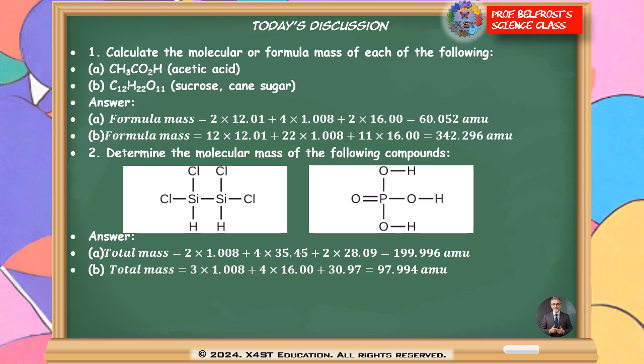From the first picture you can clearly see two silicon atoms, four chlorine atoms, and two hydrogen atoms. For the second figure, there are four oxygen atoms, one phosphorus atom, and three hydrogen atoms. After identifying, just multiply the number of atoms by the atomic mass, then sum them, and you get the result. Easy.